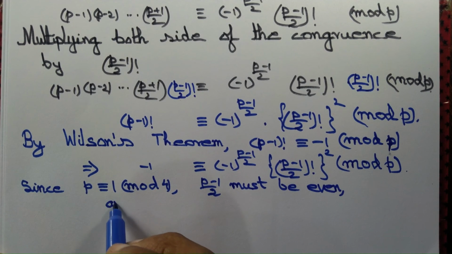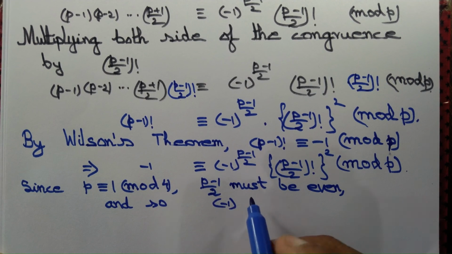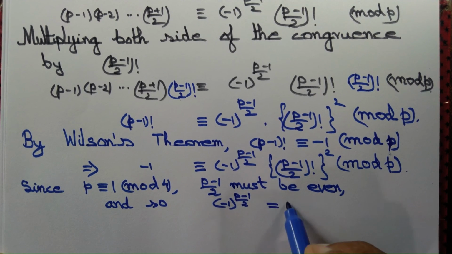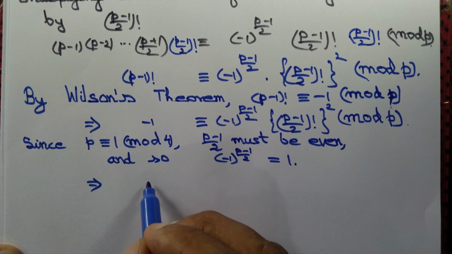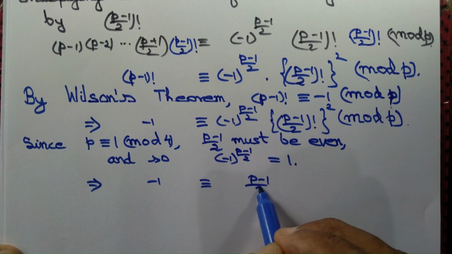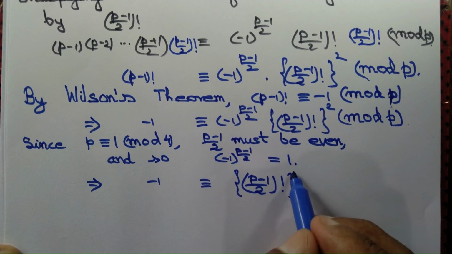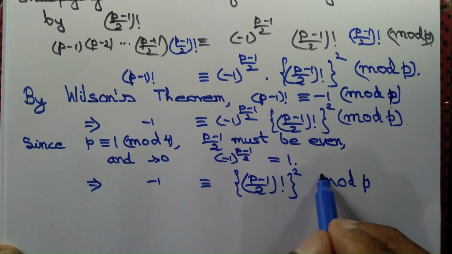And so, minus 1 to the power p minus 1 by 2 must be equal to 1. And so minus 1 is congruent to p minus 1 by 2 factorial, whole thing squared, mod p.